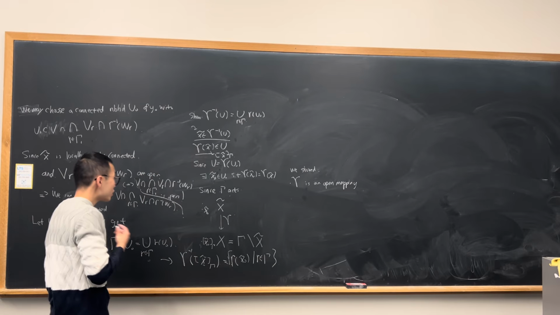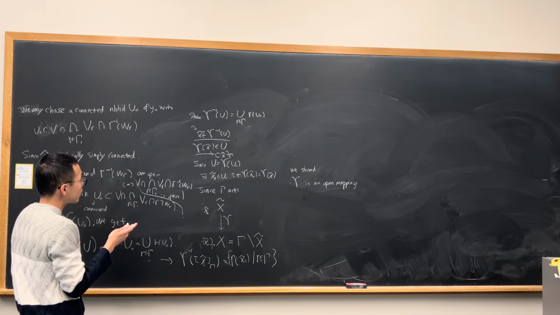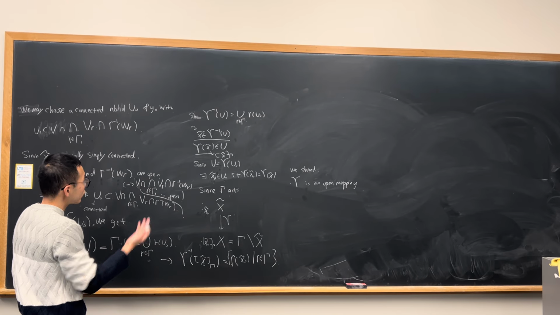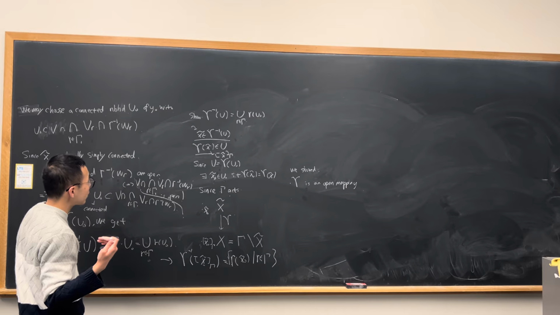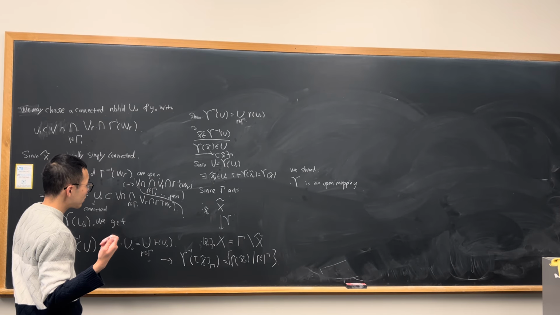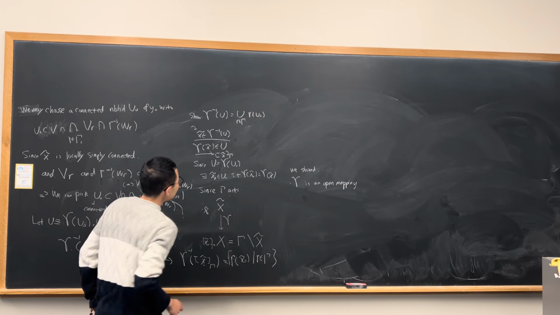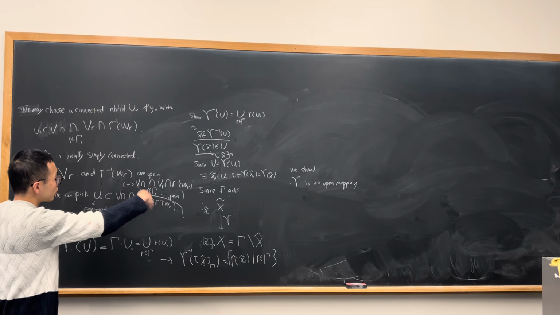And then they are on the same fiber. So since they are on the same fiber, you apply this to this point on this u0, and then you get that.